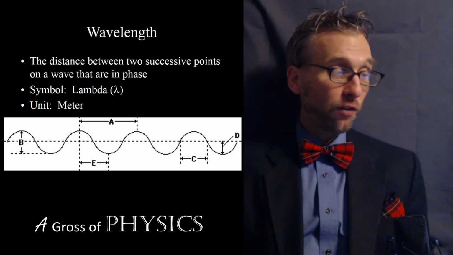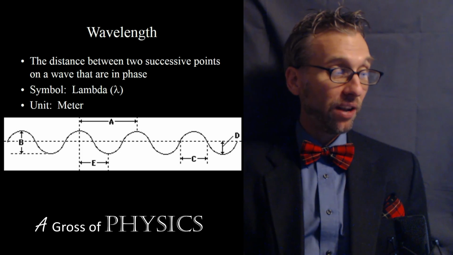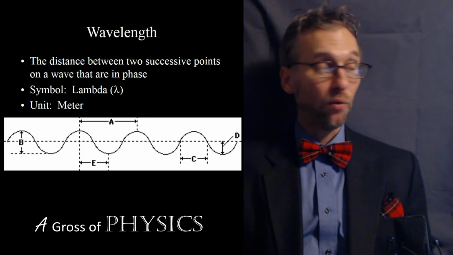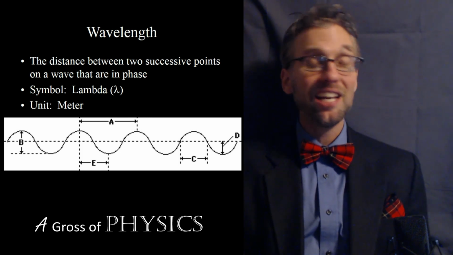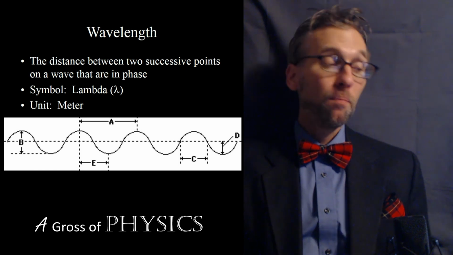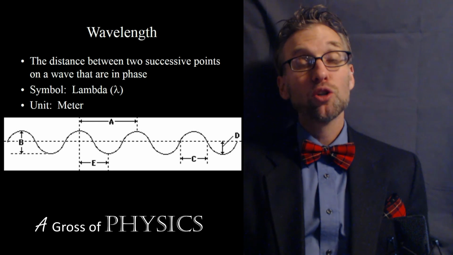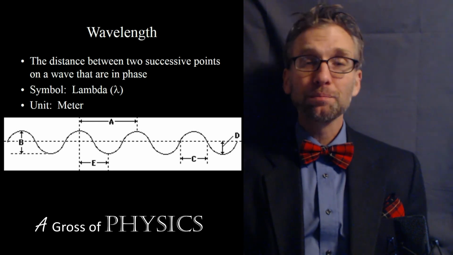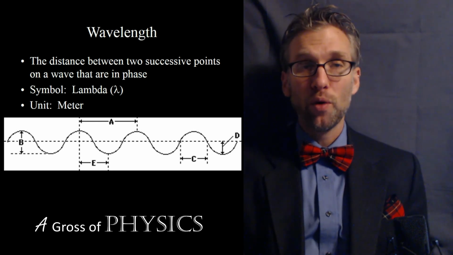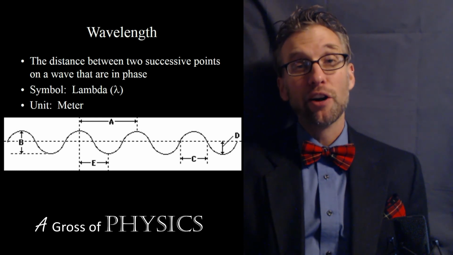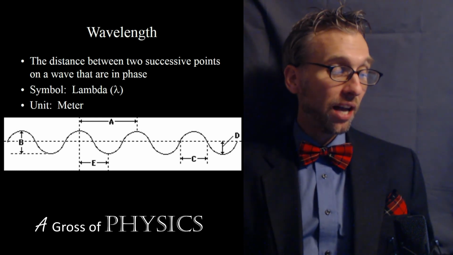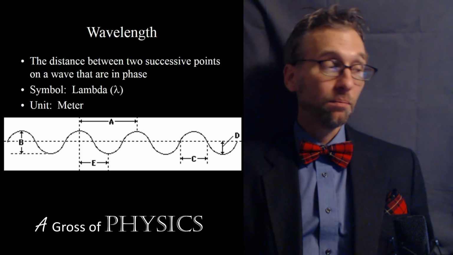Now, if you were looking at different parts, C would represent half a wavelength, E would represent half a wavelength, and then B and D are there to throw you off. D represents the amplitude of the wave, and then B represents twice the amplitude of the wave. So questions can be worded in different ways, and you could be asked to find different characteristics of the wave based on the information provided.